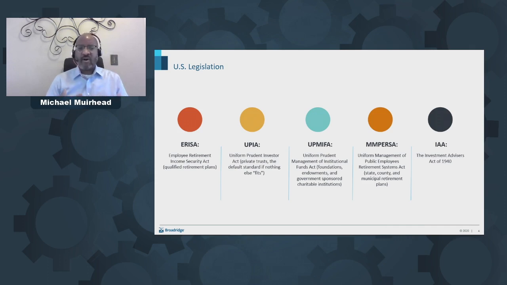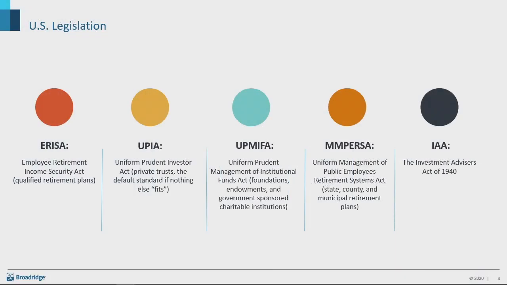So how did we go about constructing these standards of practice that are part of our prudent practices? We started with reviewing and studying the major laws in the United States that we're showing here on the screen, which are the primary source of fiduciary requirements across different types of portfolios.